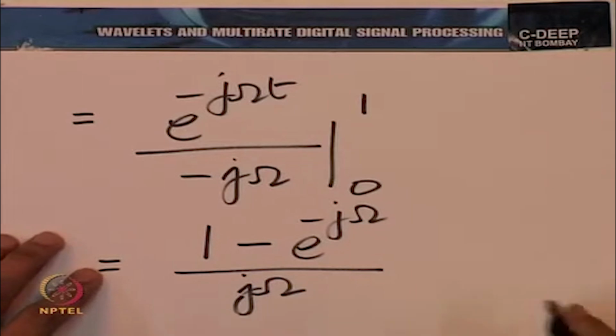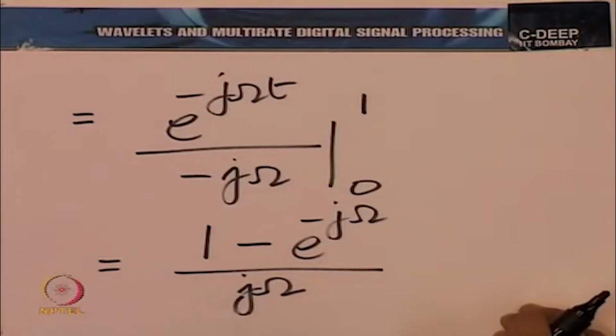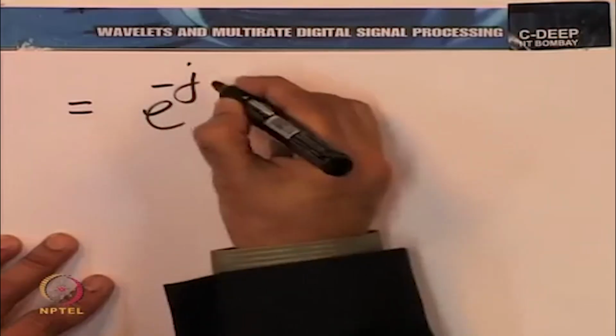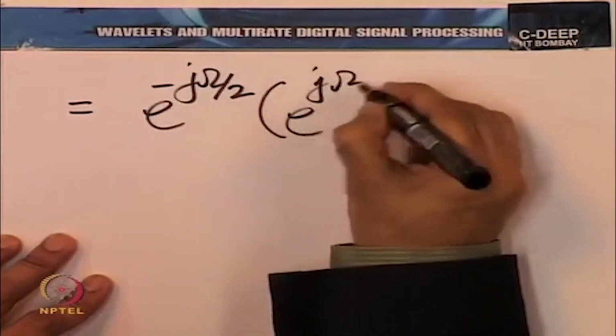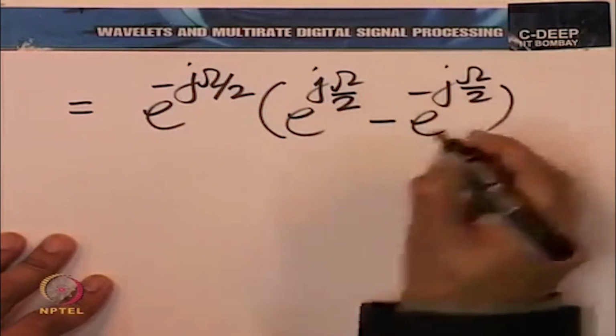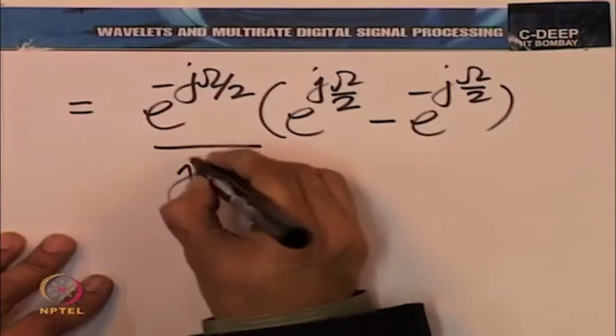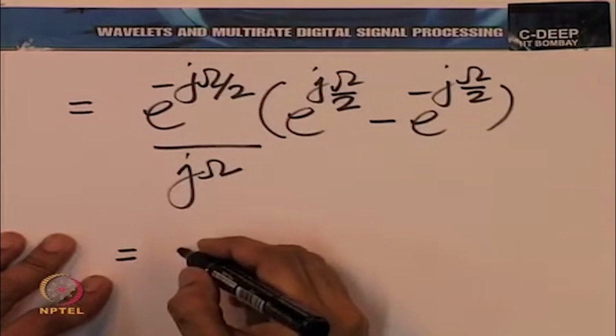And we can simplify this. We can take an e raised to the power minus j omega by 2 common in the numerator. And that is easy to interpret.